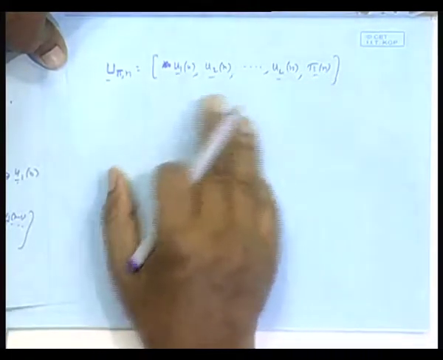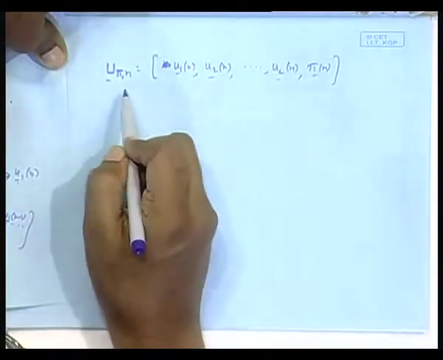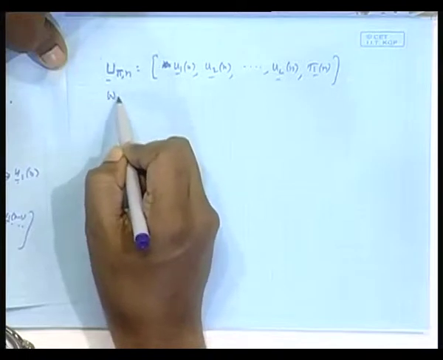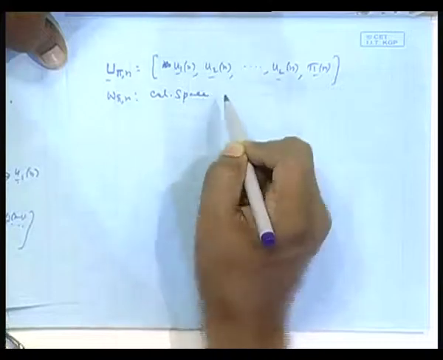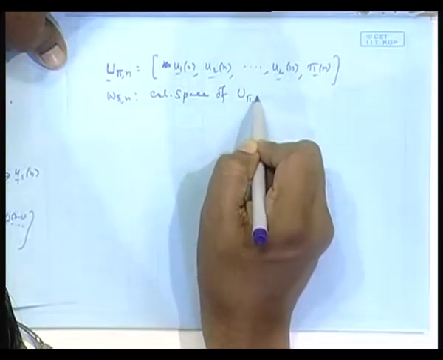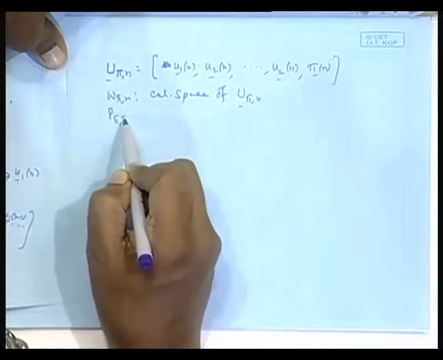You understand this is what I did, but only one vector was present. I am just giving a name, and the corresponding space spanned by W pi n, call it space of u pi n, okay, and the projection operators.